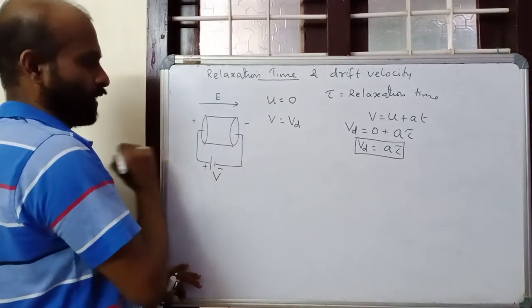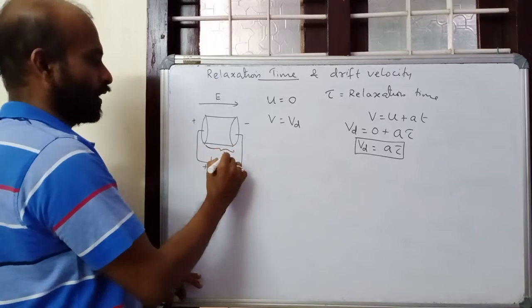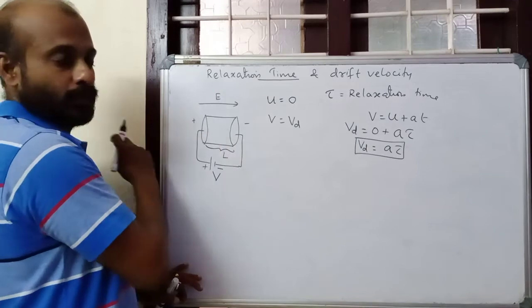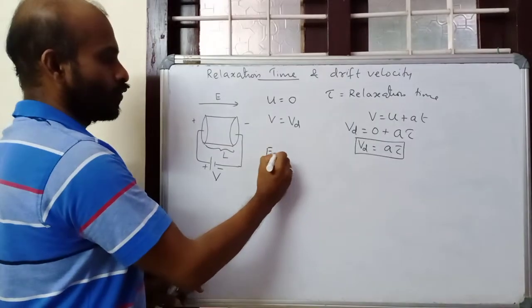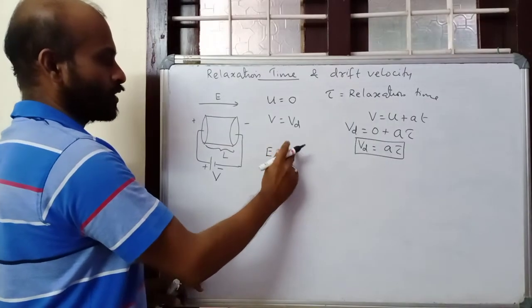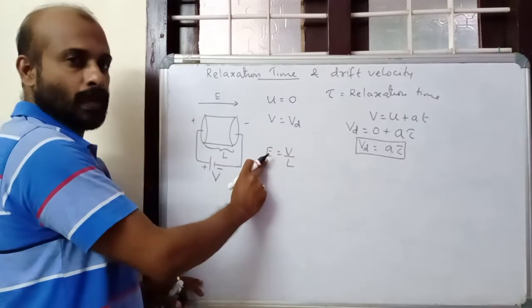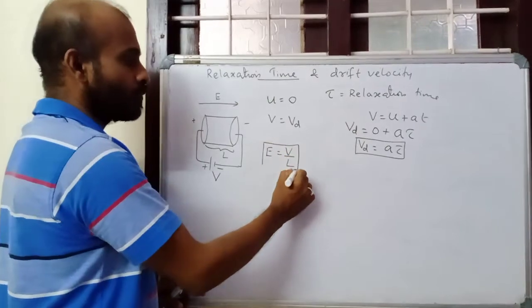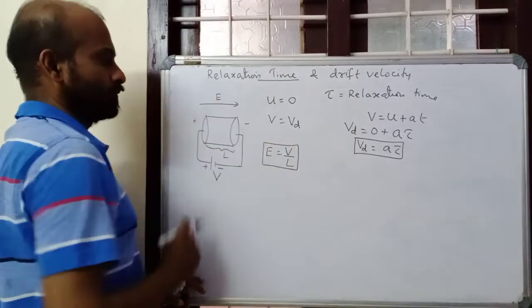V is the potential difference, L is the length of the conductor. Electric field, potential difference and length are related by the equation E is equal to V by L, which you have learned in the chapter on electrostatic potential.